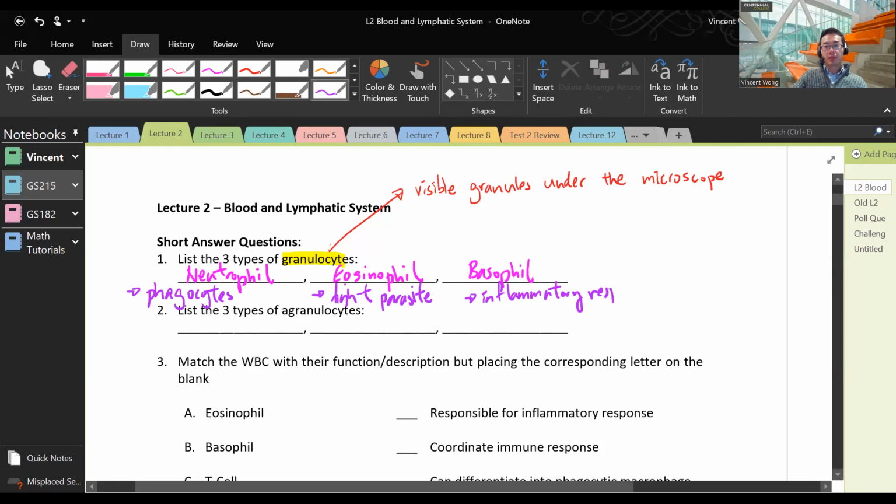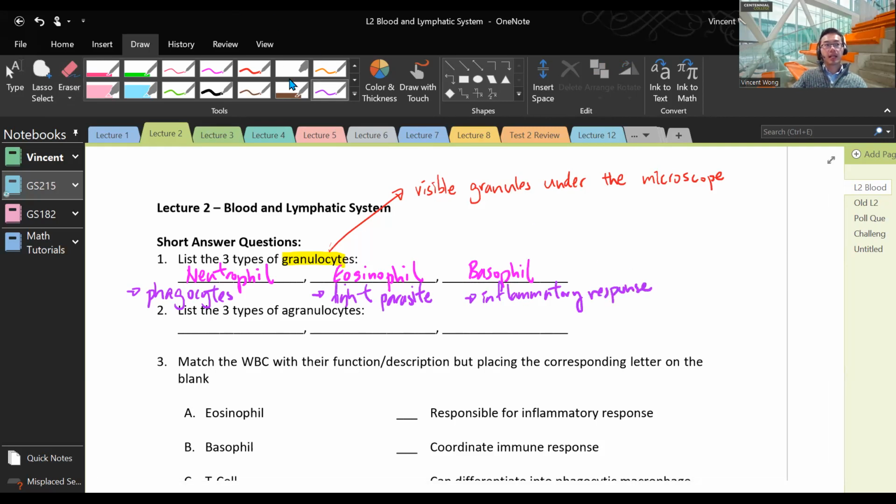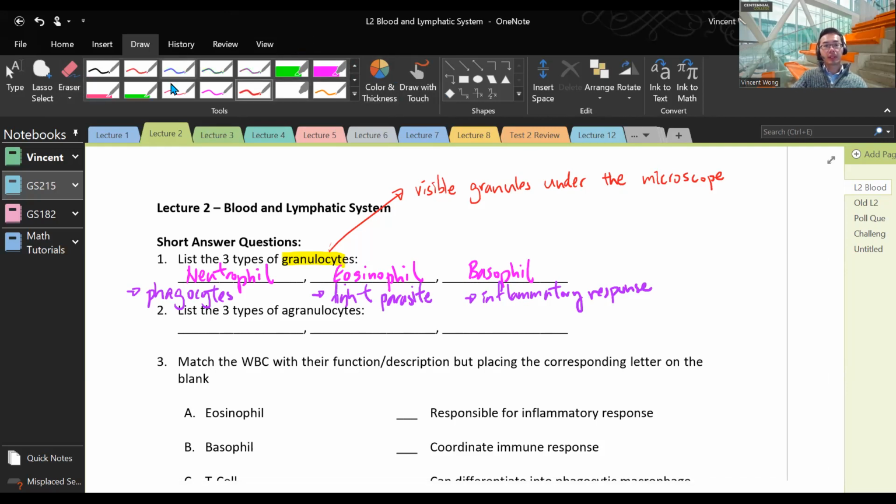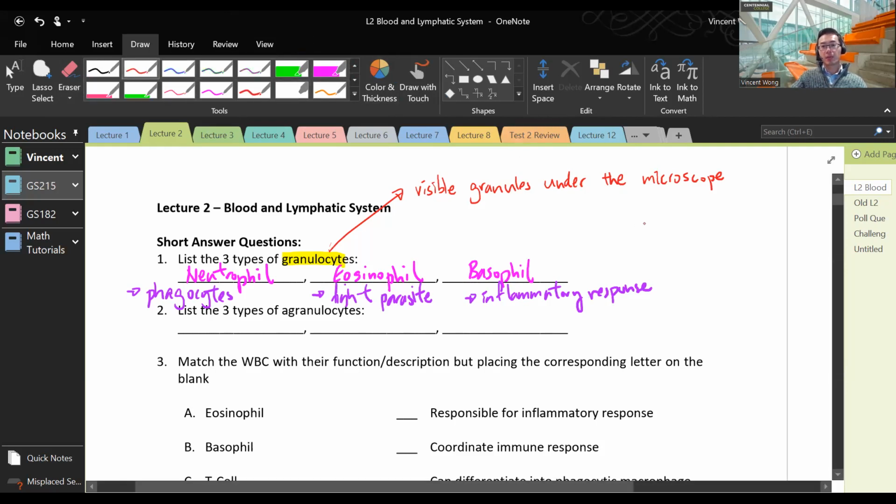Just in case you're wondering, you will learn this next week as well, but in case you are interested right now, here are the characteristics of inflammation. That includes redness, like if you cut your finger, it's going to be red.